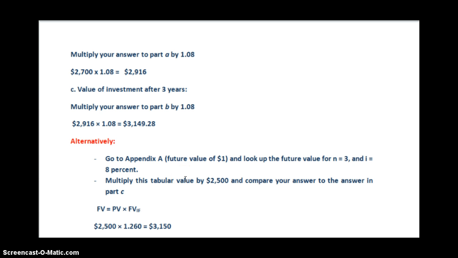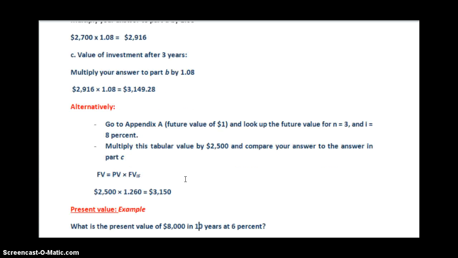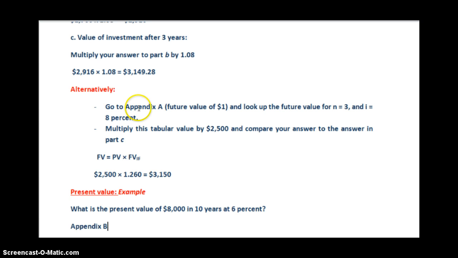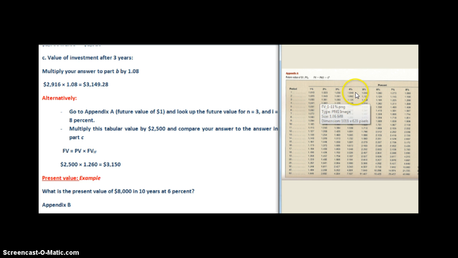Alternatively, you could answer this question by going to Appendix A, which is the future value table, where you will get the future value of $1. You can see Appendix A here on the right hand side. This is a table which gives you the future value of $1, from where you can get the tabular value to solve this question.